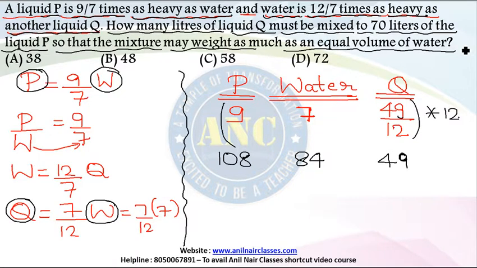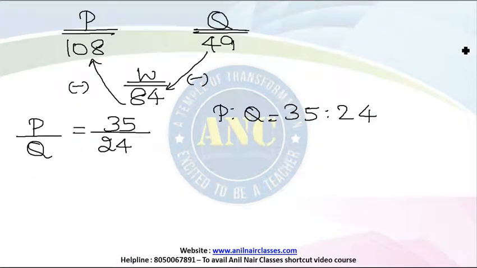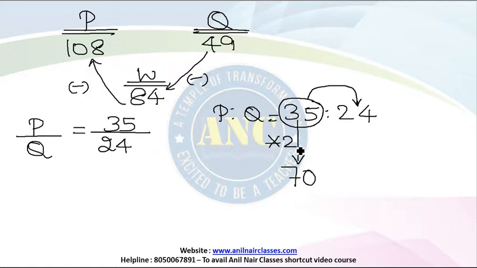That means according to the ratio, 35 liters of liquid P is mixed with 24 liters of liquid Q. But the question says liquid P should not be 35 liters. It should be 70 liters. 35 into 2 is 70. 24 also multiply by 2.